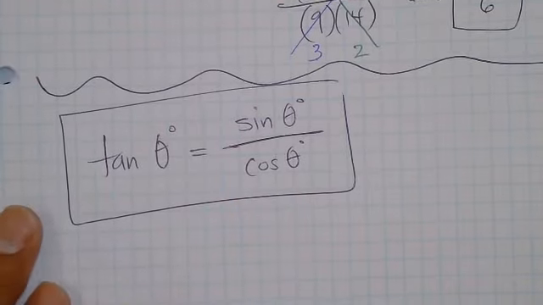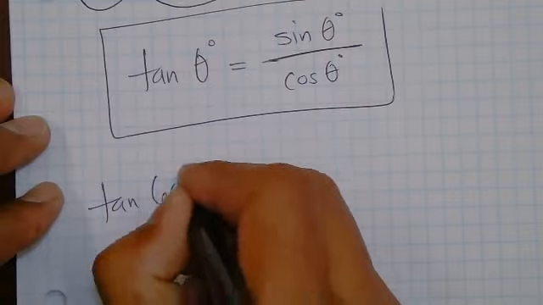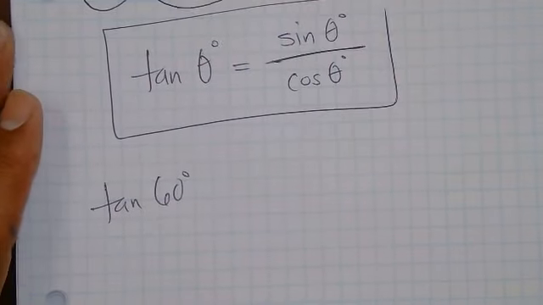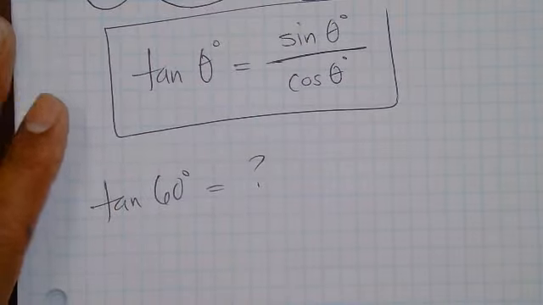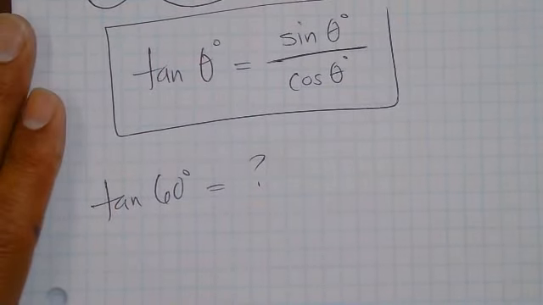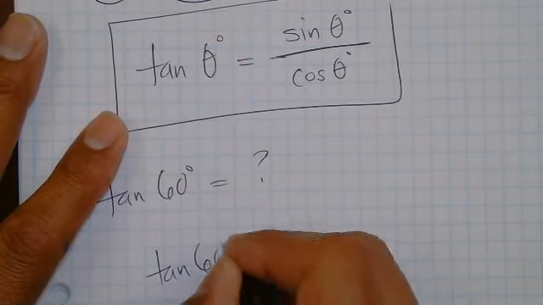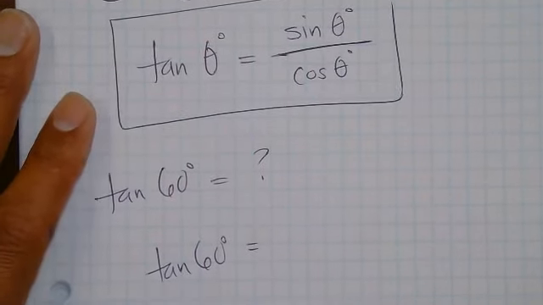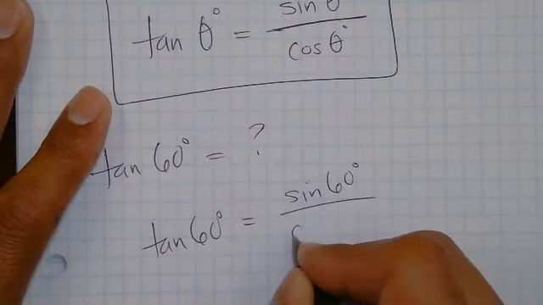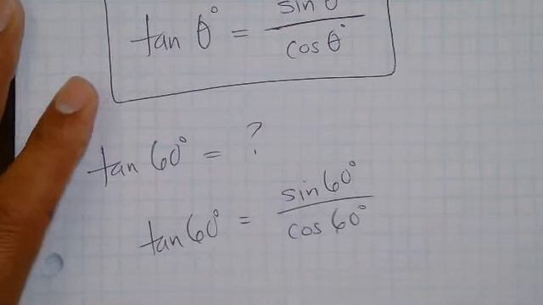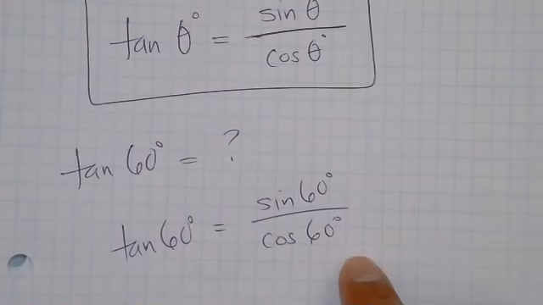All right. So let's do, for example, tangent of 60 degrees. How would you find tangent of 60 degrees? Well, tangent of 60 degrees, you got to go to 60 degrees and do what? Sine of 60 degrees over cosine of 60 degrees.